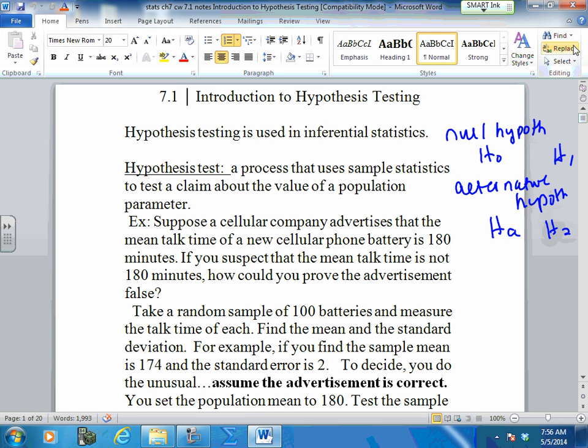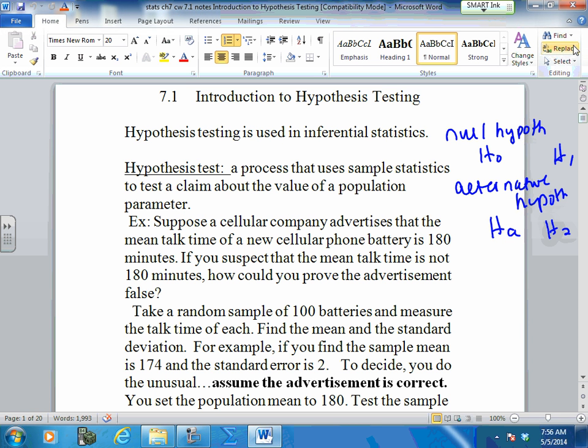You do something unusual. This is important, guys. You assume that the advertisement is correct. That's the only information we're given. So we assume that it's correct. Therefore, you assume that the population mean is equal to 180 minutes. Then you examine your sample from your 100 that you took, and you test your claim.